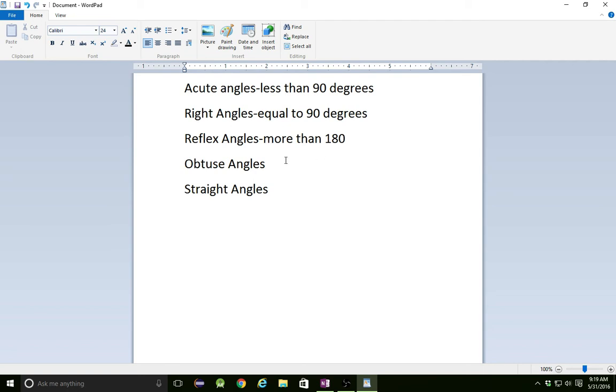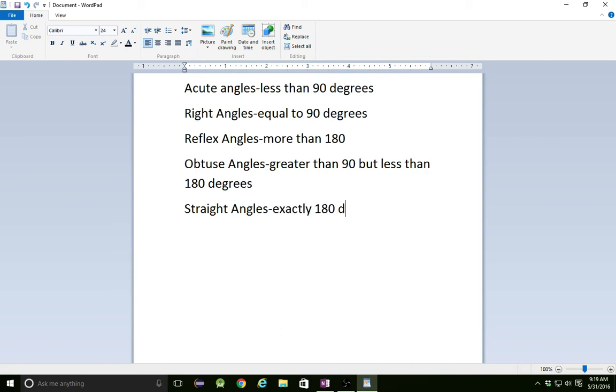Obtuse angles are greater than 90 but less than 180 degrees, and straight angles are exactly 180 degrees. So let's just look at the acute angle first.